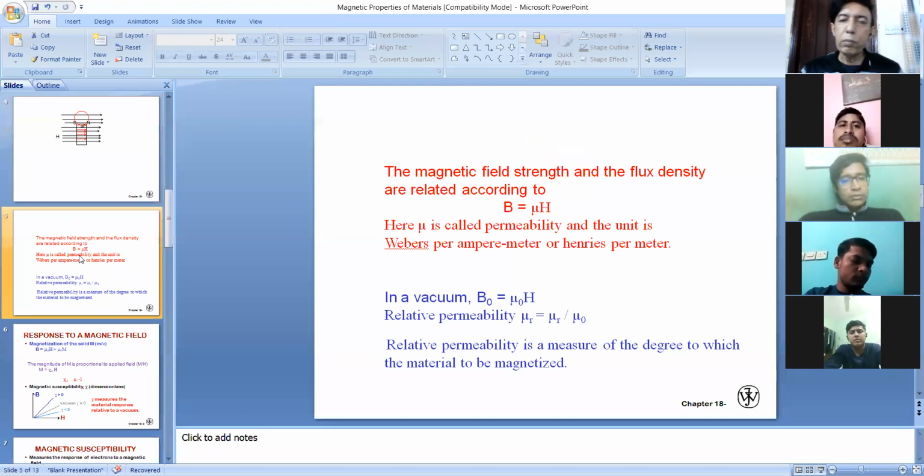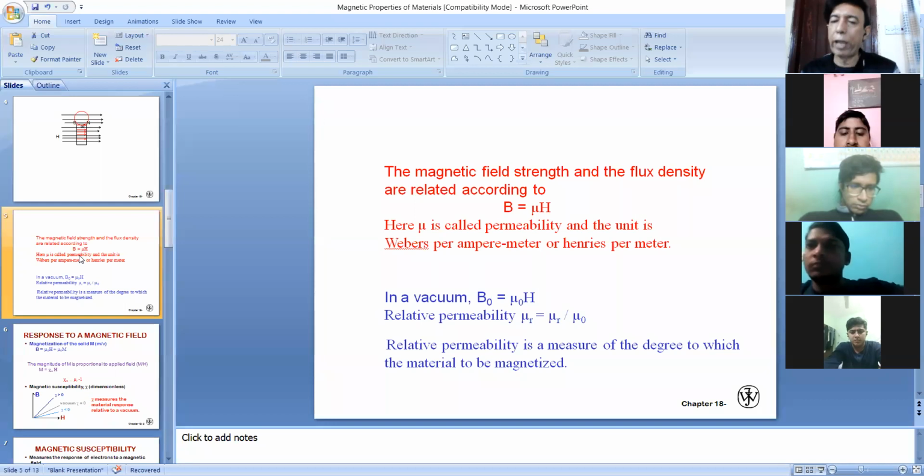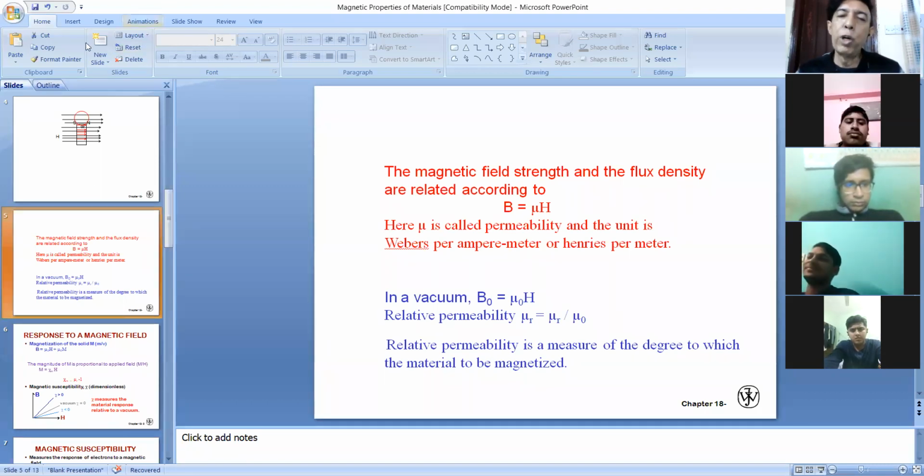So in presence of B, H may be increased or decreased by a factor mu. So mu is called the permeability of that magnetic material, and the unit is Webers per ampere meter or Henrys per meter.